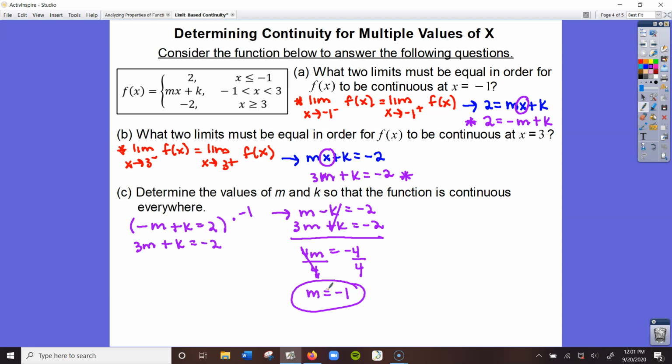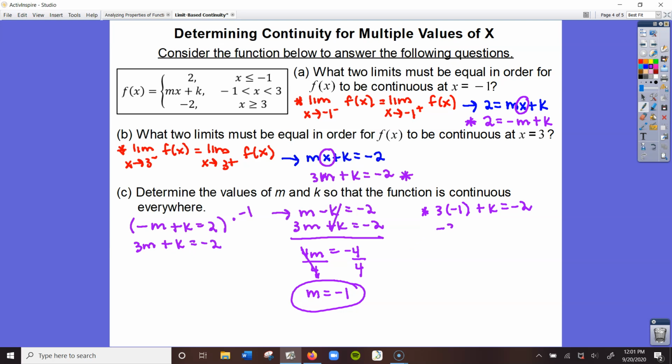Now that I have m, I can plug it into whichever original equation and solve for k. I'm going to plug it into 3m plus k is equal to negative 2, but it doesn't matter if you choose to plug it into the first equation. So 3 times negative 1, which is the m that I found, plus k is equal to negative 2.